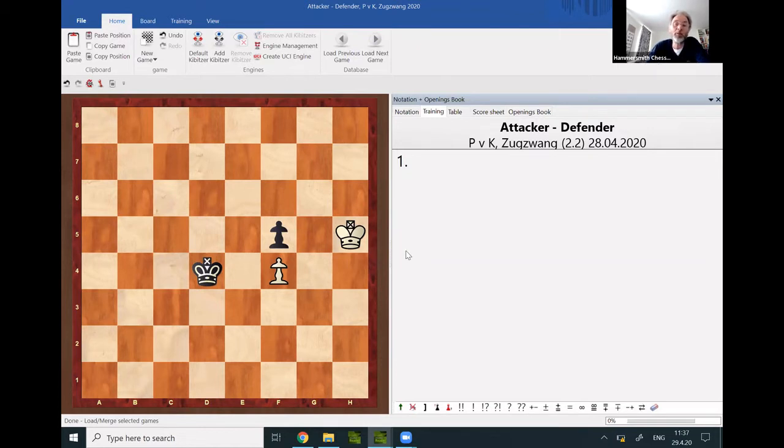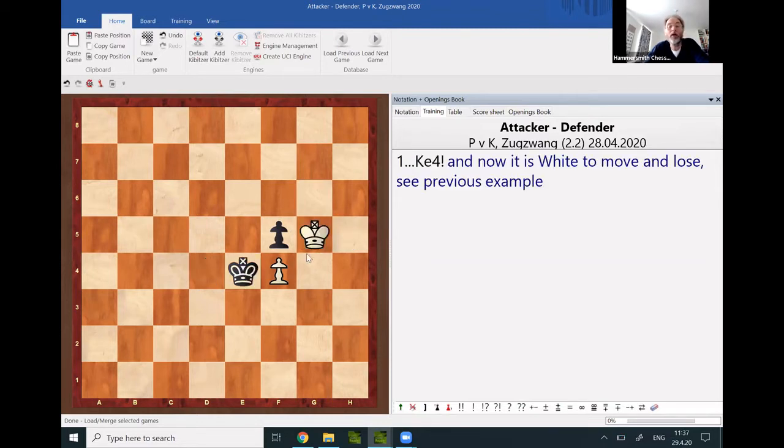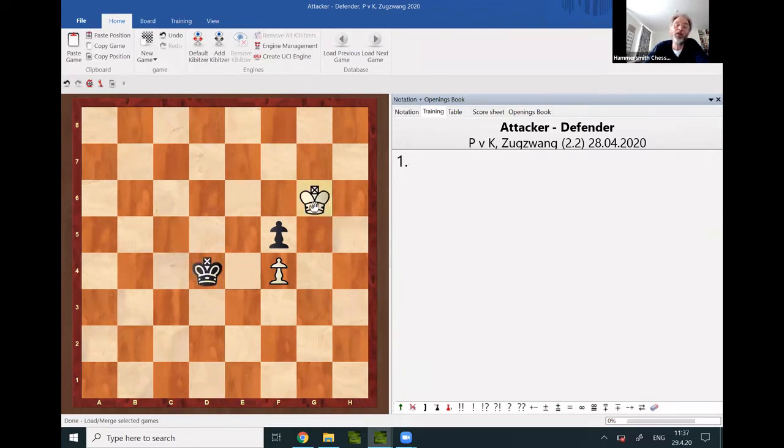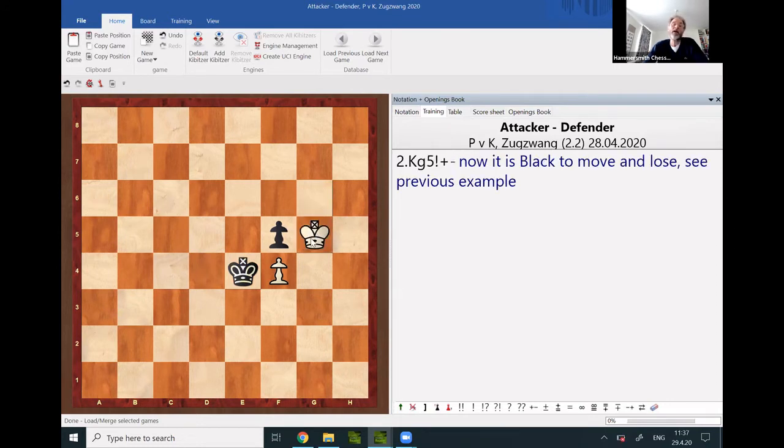You do not put black into zugzwang by moving your king to g5, because then unfortunately you are as white in zugzwang, and we have seen from the previous position that whoever moves first is losing. But you can put black into zugzwang by king g6. The king attacks the pawn, black has to defend the pawn, and now white goes into the zugzwang position.